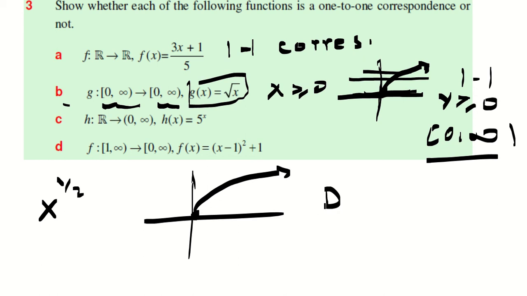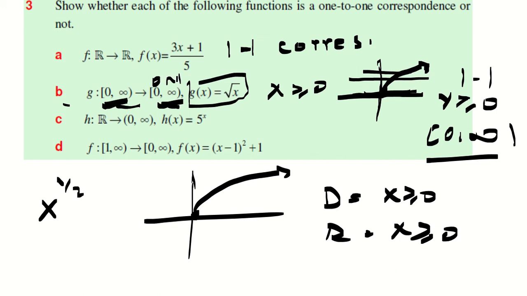So the domain is x greater than or equal to 0, and the range is also greater than or equal to 0. The appropriate domain is already mentioned here. So on-to-ness works here because the appropriate range is mentioned, y greater than or equal to 0. When we are talking about range, we are talking about y.